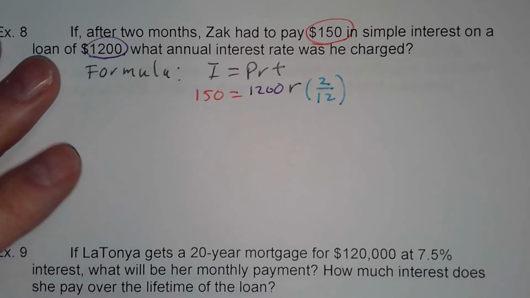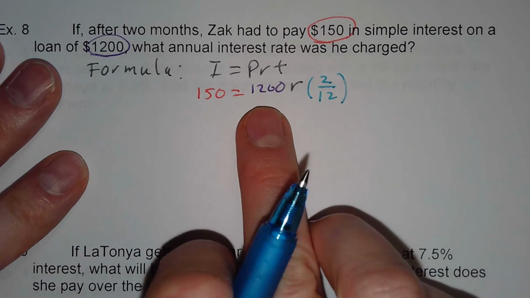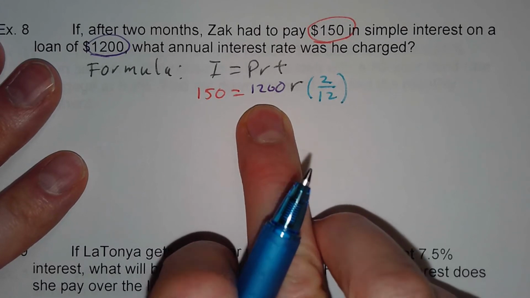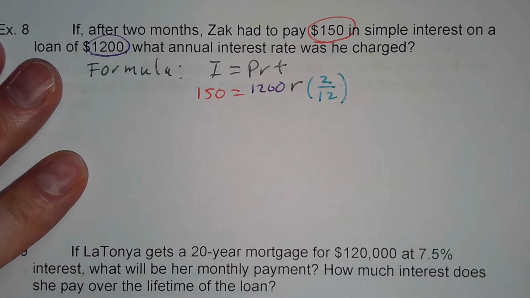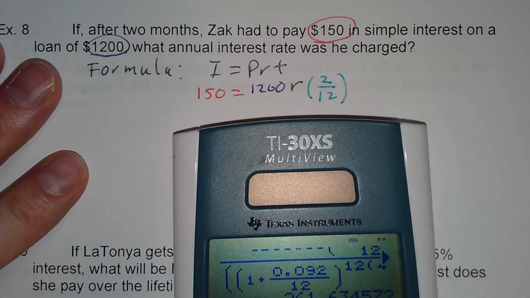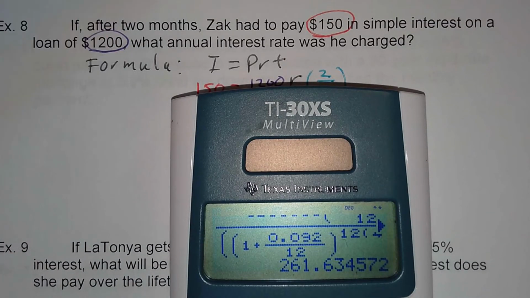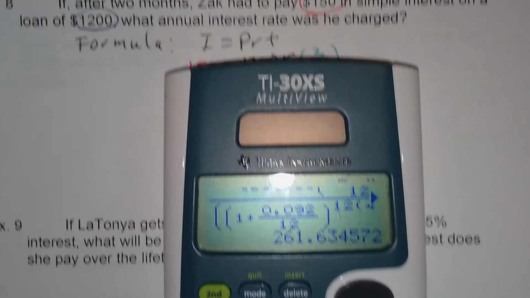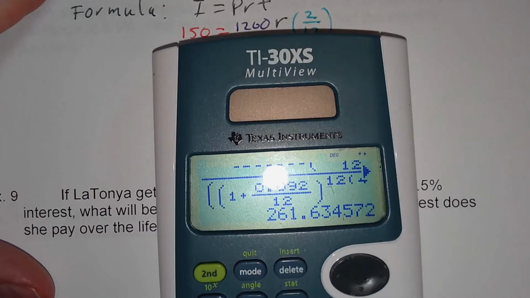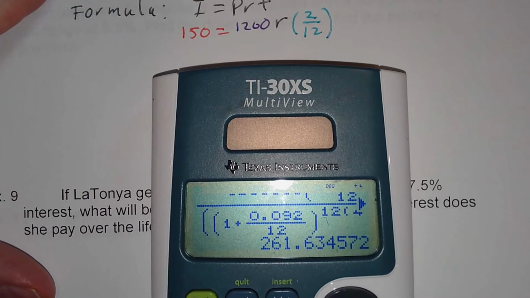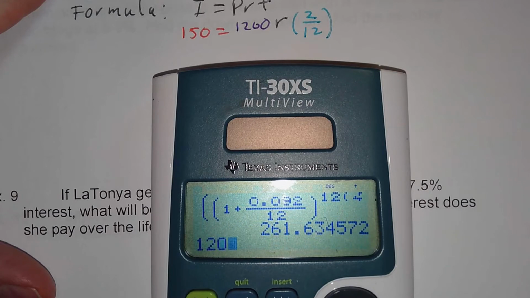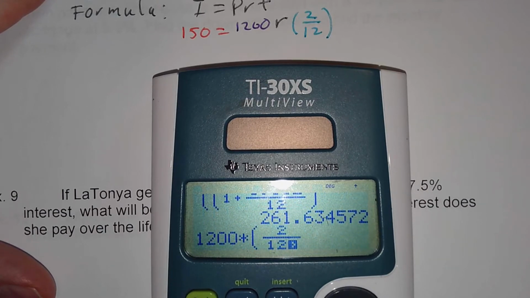We need to solve this equation for R, so we're going to need to simplify. You want to take 1200 times 2 over 12. So whip out your calculator, and let's do that multiplication. So that gives us 200.